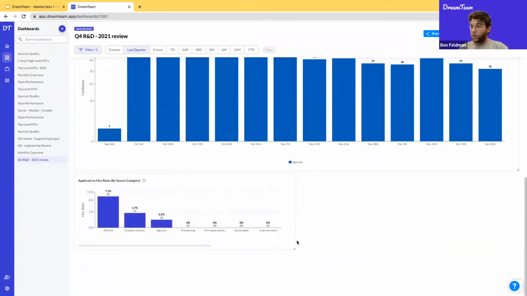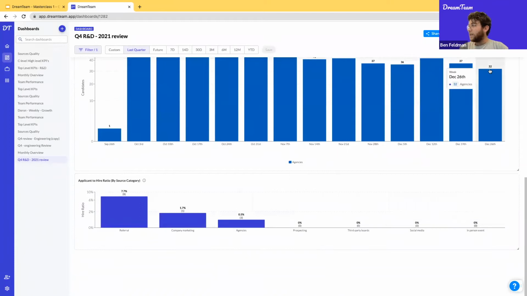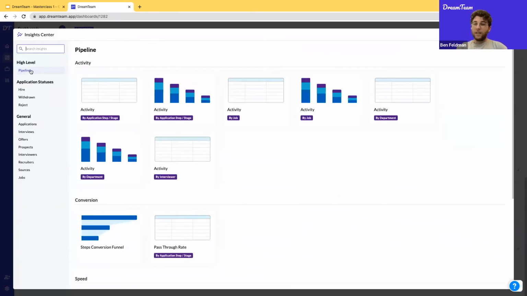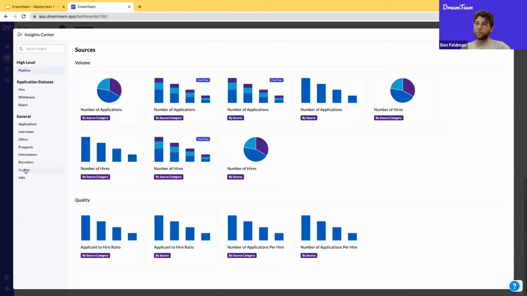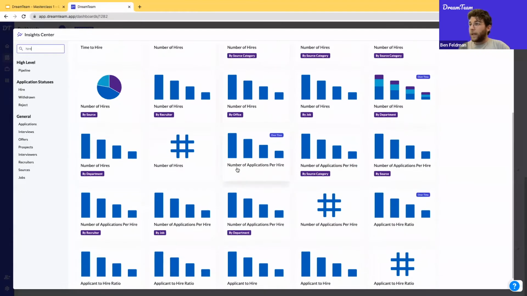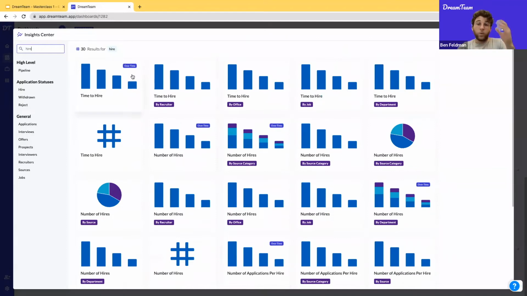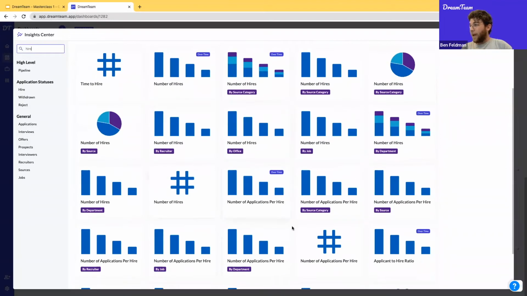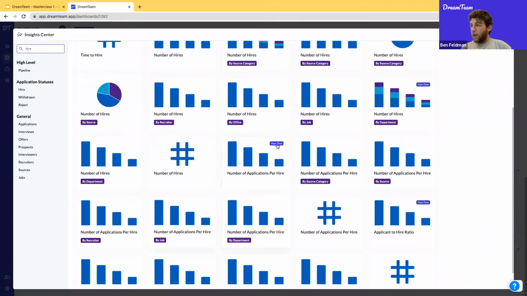And this is one way to look at it. Actually, I'm not going to do that yet. The other way that I can look at it is I can see how many CVs it takes in order to hire one person, right? Let's say I'm not sure where it could be. We can start looking at hire because we want to see it. I can say number of applications per hire. So we found the area, and it's by source category.